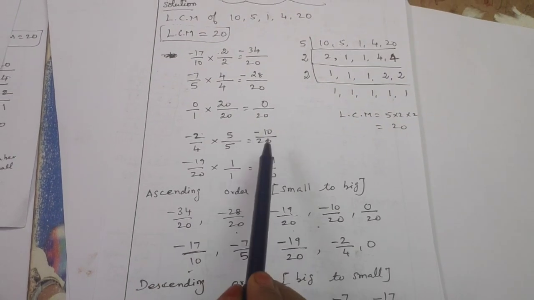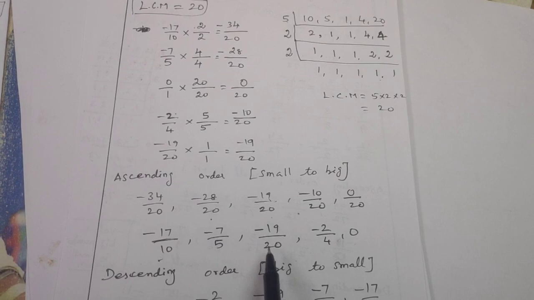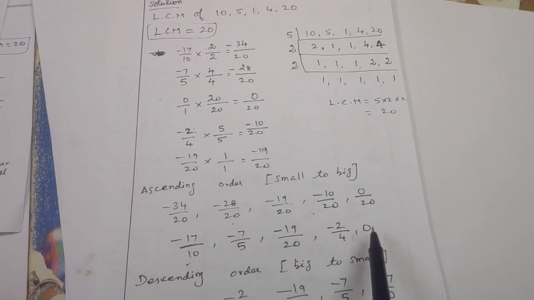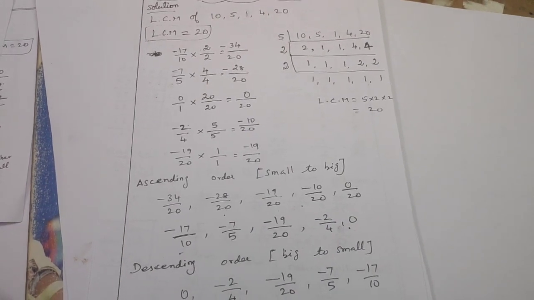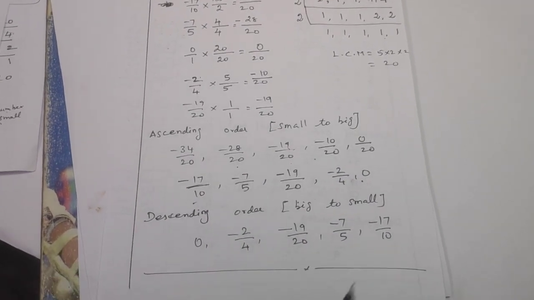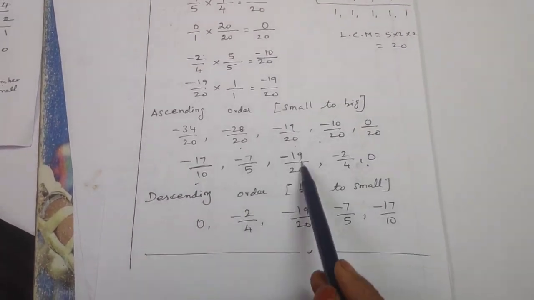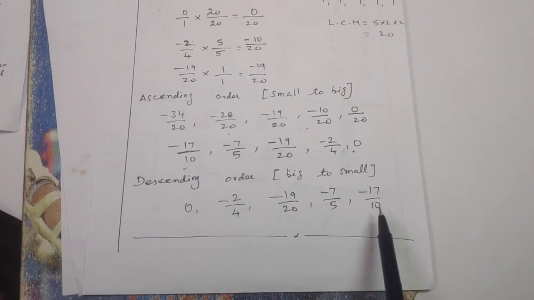Alternate: minus 7 by 5, minus 19 by 20, minus 2 by 4. 0 by 20 for the answer is 0, 0 by 1 is the answer. For descending order, write big number to small number, reversely: 0, minus 2 by 4, minus 19 by 20, minus 7 by 5, minus 17 by 10.